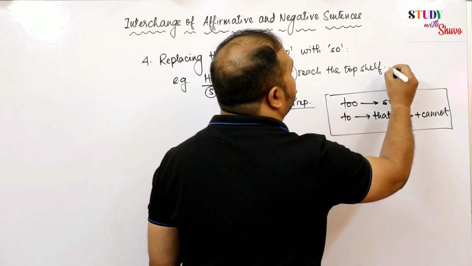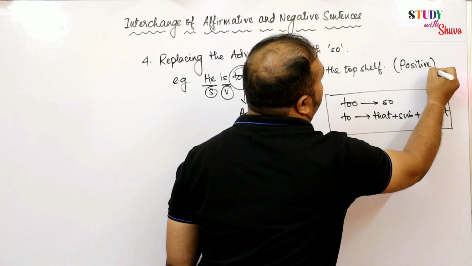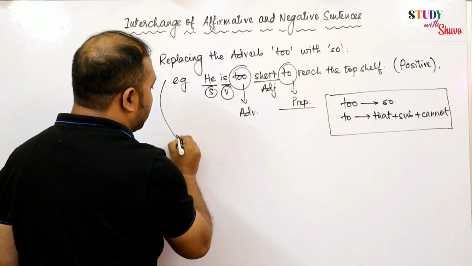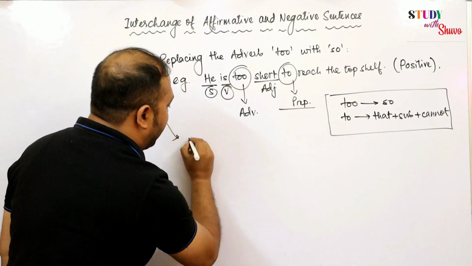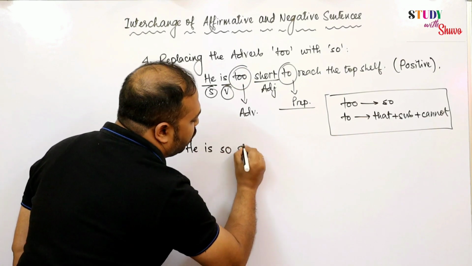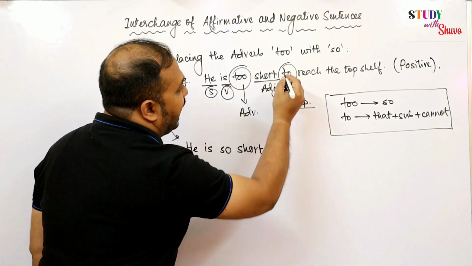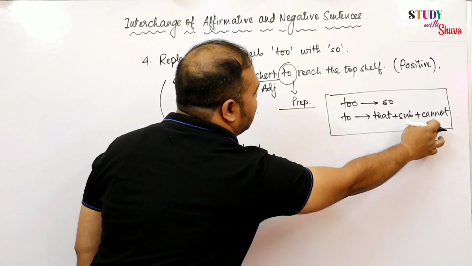He is too short to reach the top shelf. This sentence is positive in its character. When we are converting the sentence, we will just replace too with so and rewrite the sentence. We will write, he is so short, and the preposition to will be replaced by that plus subject plus cannot.